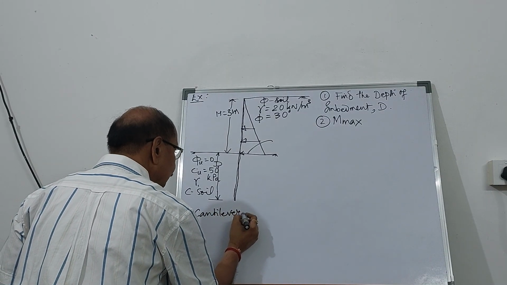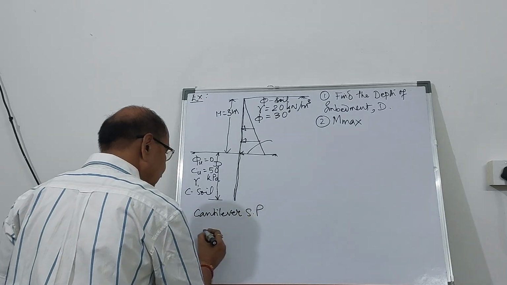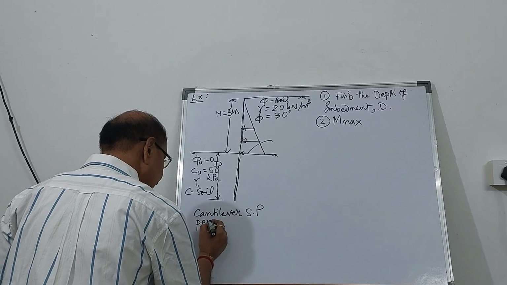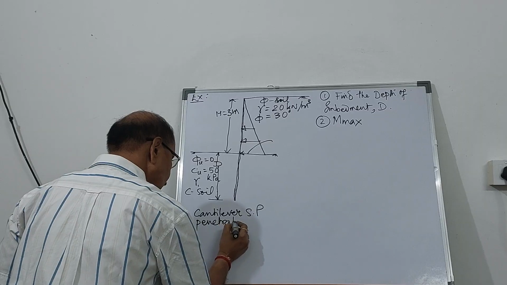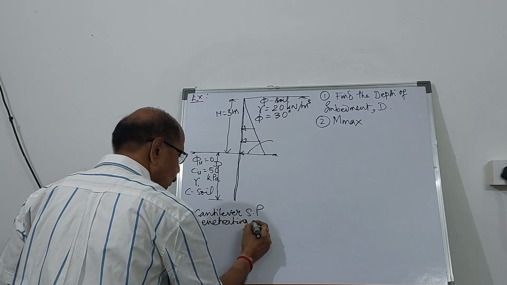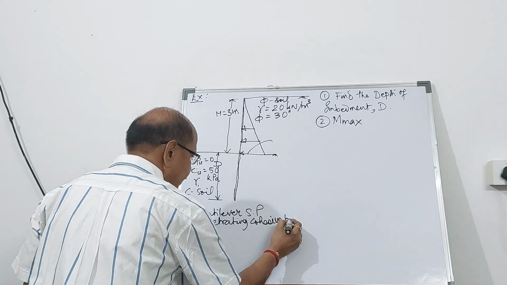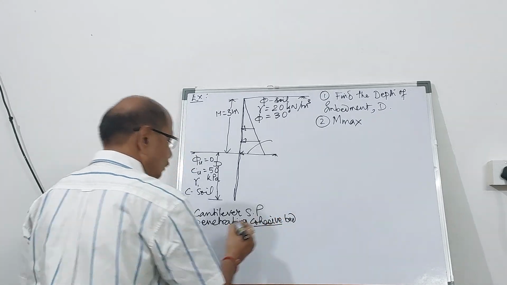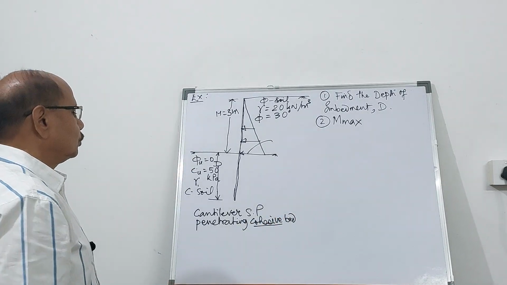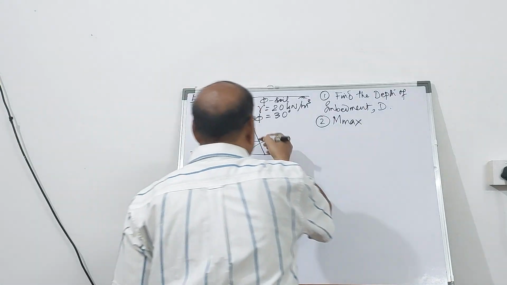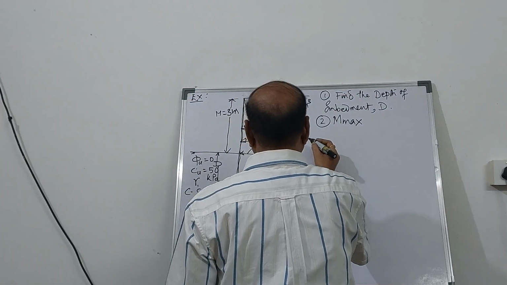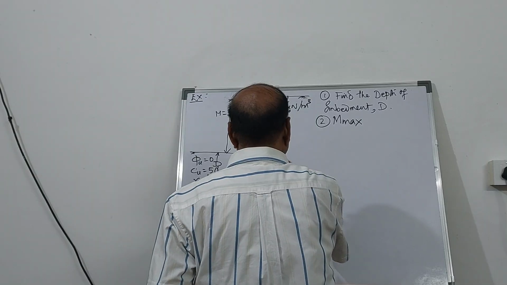So this is the cantilever sheet pile penetrating cohesive bed. So the pressure distribution here is going to be active, and you know the magnitude.